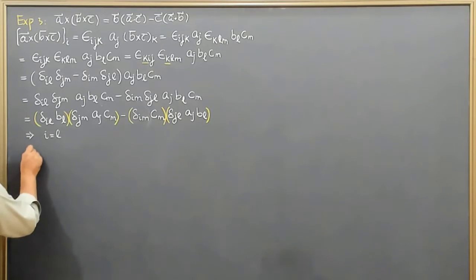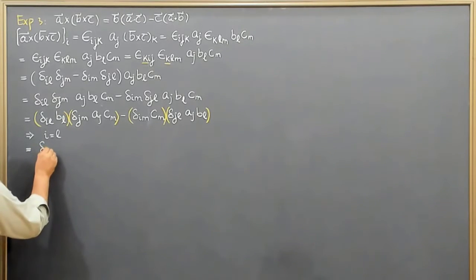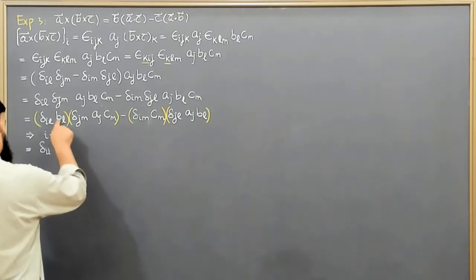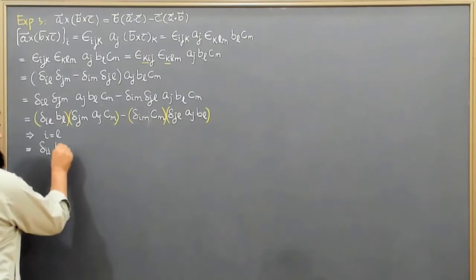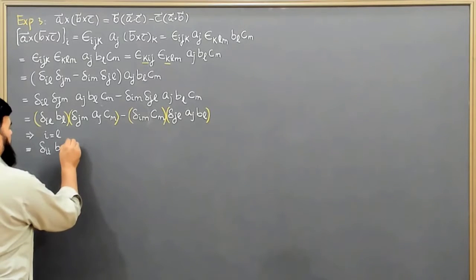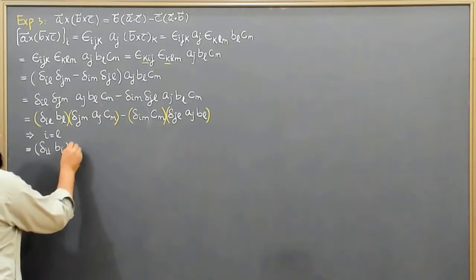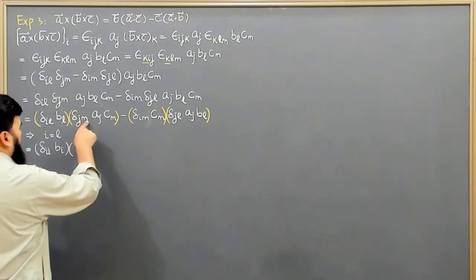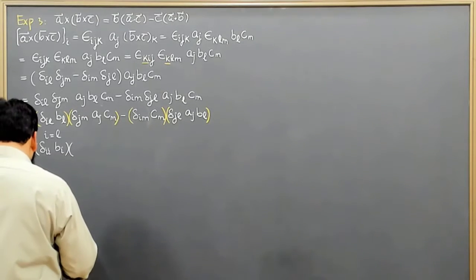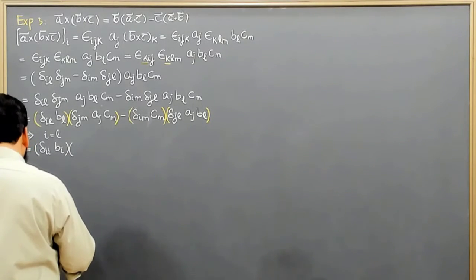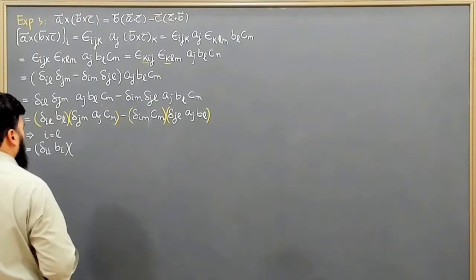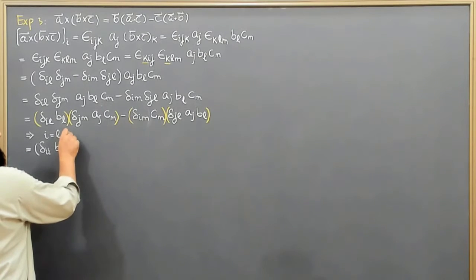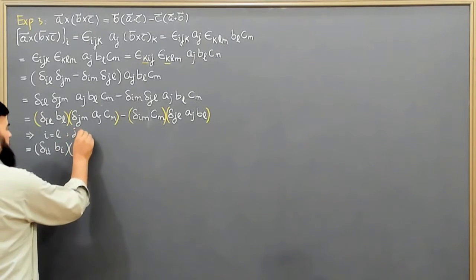So this is equal to delta il and this will be equal to B_i, and this is one term. And what about this one? This one has the j and the m components. So we write it like this, let's say j is equal to m.